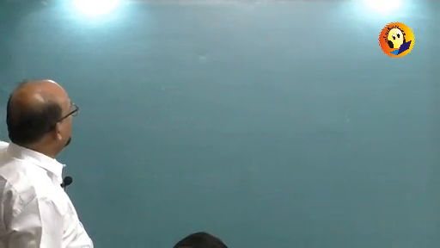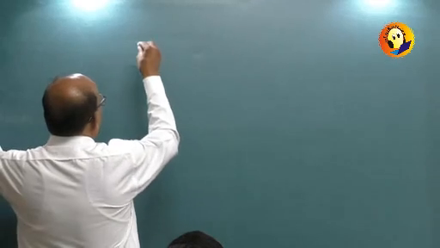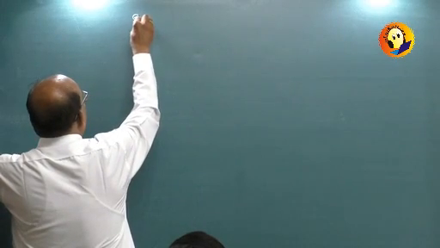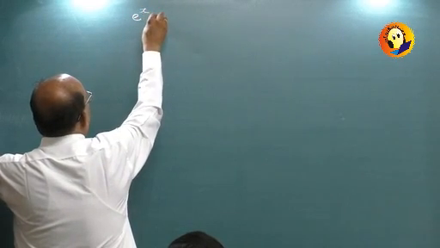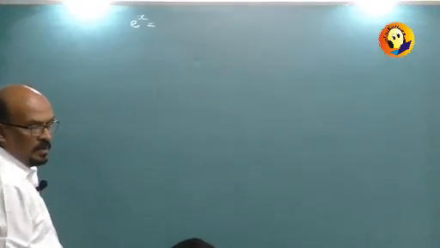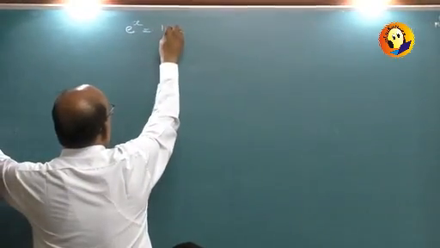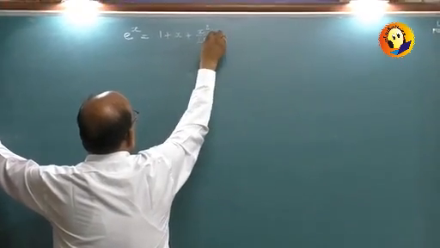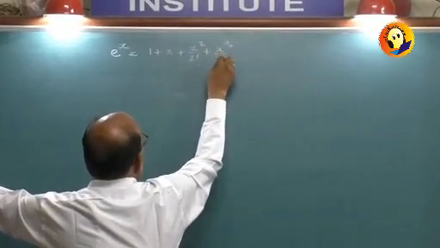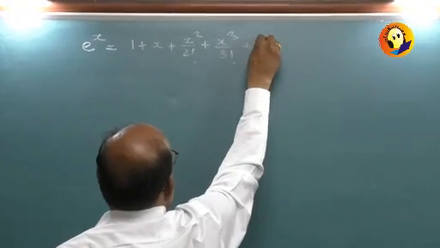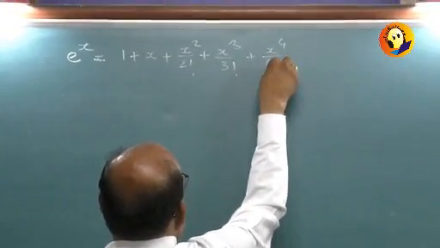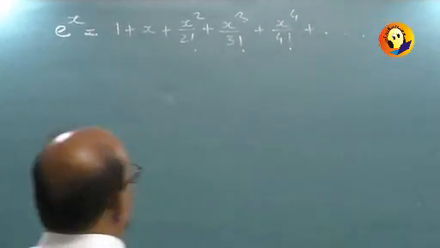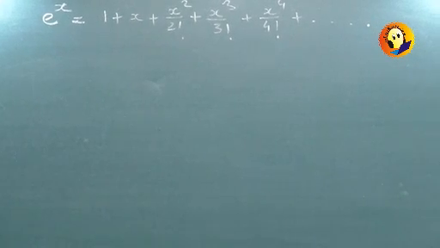Before we begin, can you tell me the series for e raised to x? It is 1 plus x plus x square by 2 factorial plus x cube by 3 factorial plus x raised to 4 by 4 factorial plus etc. Right.